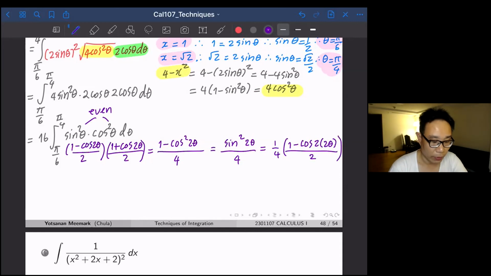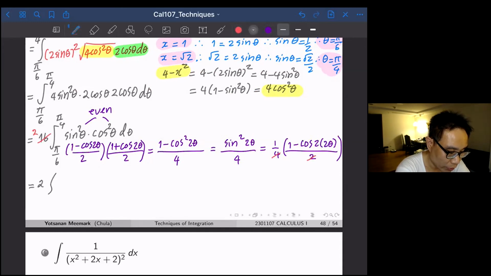This is the thing you use to integrate. You also have 1/16 that can cancel with the 2 and 4 here, so it's going to be 8 down here, so it's going to be 2. So you get 2 times the integral from pi over 6 to pi over 4 of 1 minus cos 4 theta d theta.